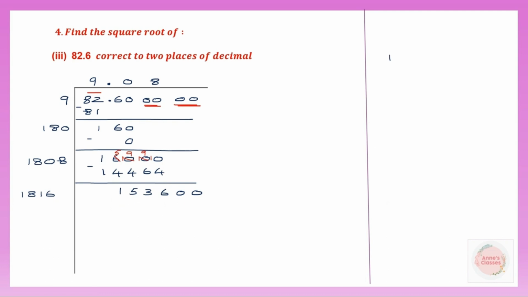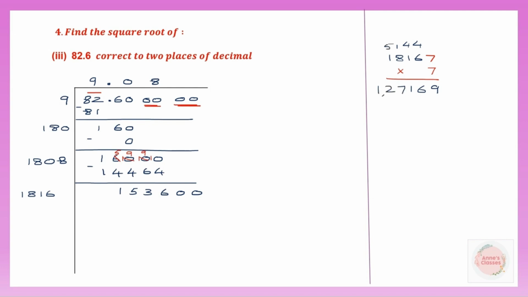Now we have to get a digit next to this to get a number close to this one. So let's write down 1,816. Now we need to get 1 lakh, isn't it? So let's think of a big number here. Again, let's think of 7. Let's put 7 next to it and multiply it by 7. So let's see what we get. 7 sevens are 49, carry 4. 7 sixes are 42 plus 4 is 46, carry 4. 7 ones are 7 plus 4, 11, carry 1. 7 eights are 56 plus 1, 57, carry 5. 7 ones are 7 plus 5 is 12.